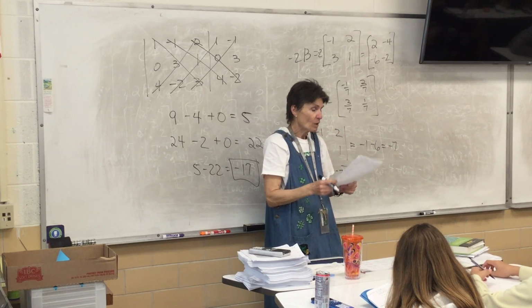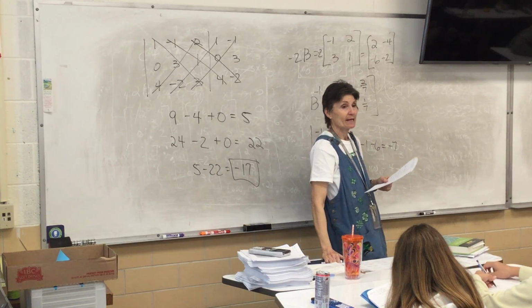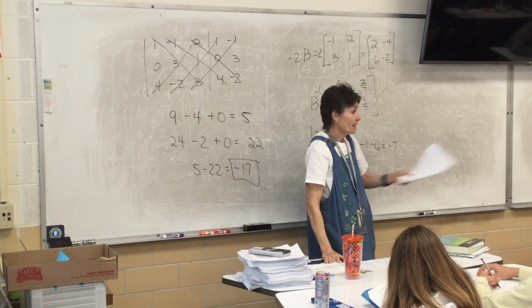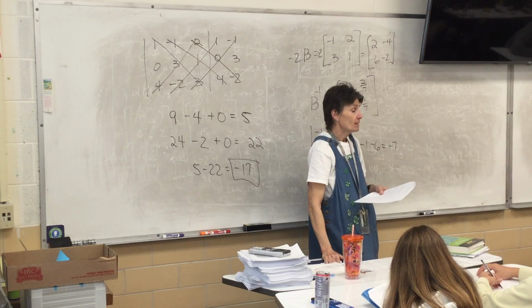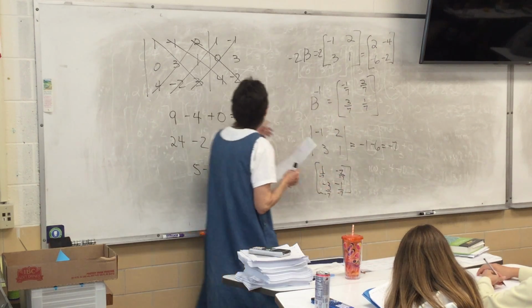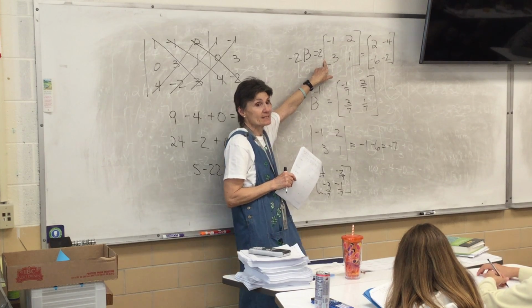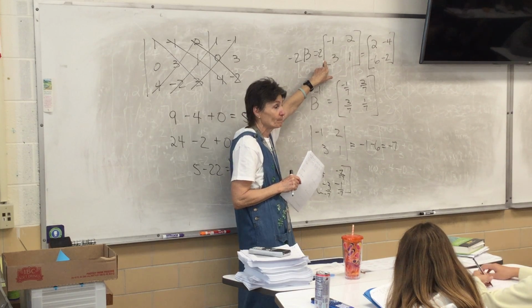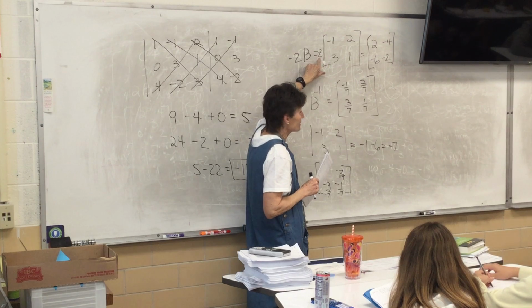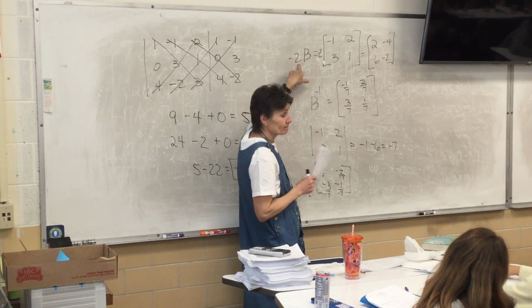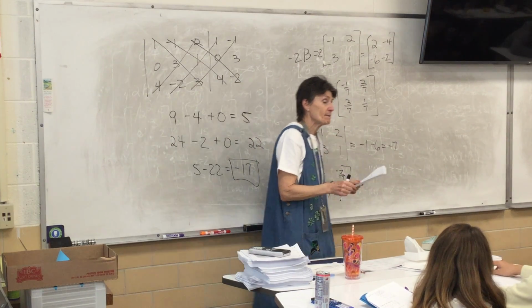3 by 4. What's a scalar? What do we mean by a scalar? A number, just a number. Yep. You can say a number in front if you want, because that's where we have seen our numbers. But basically, a scalar is just any real number. This guy right here, this -2, he's a scalar. And what's a matrix?